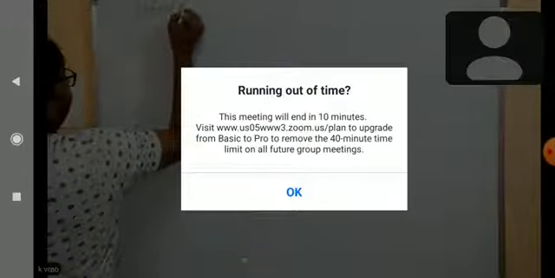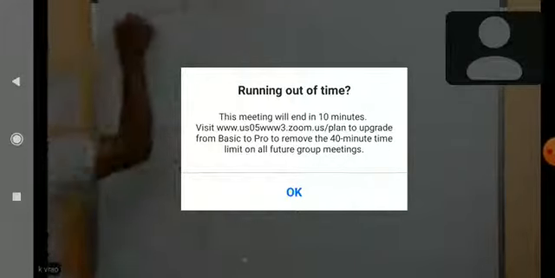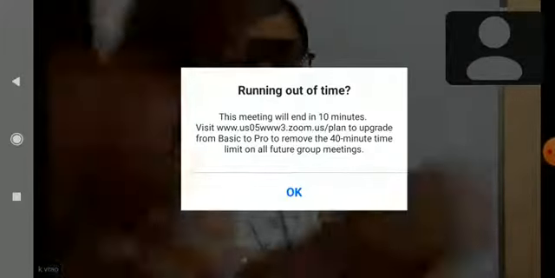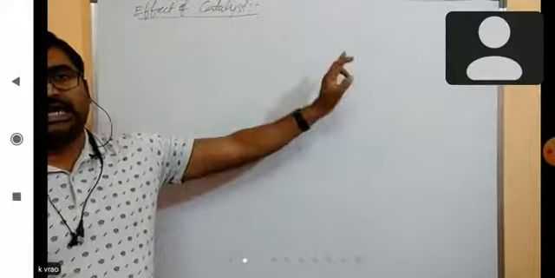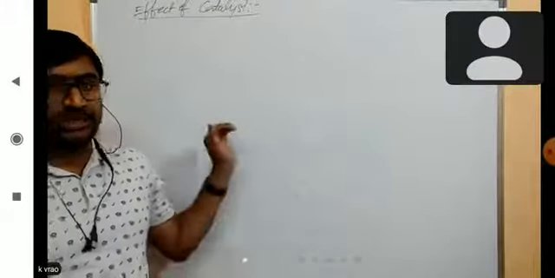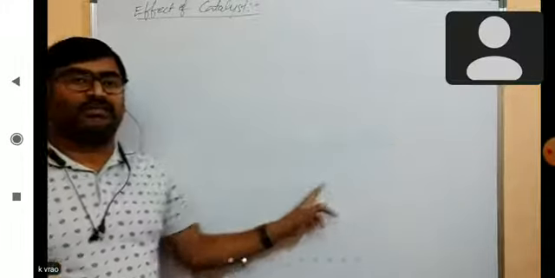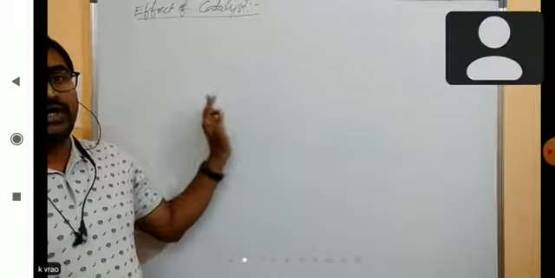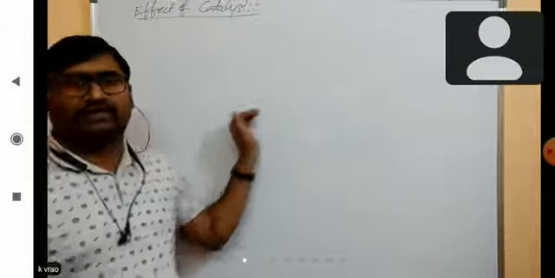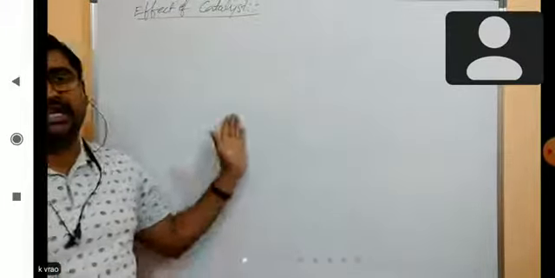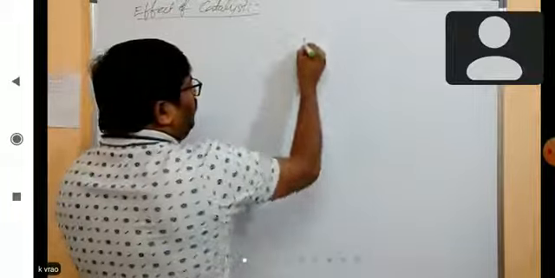See here, the catalyst doesn't affect the equilibrium, but it increases the rate of the forward reaction, and the same quantity is increased in the rate of the backward reaction. There is no effect of catalyst on the equilibrium; it only increases the rate of the forward and backward reactions by the same amount. Got it? Let us see one graph.